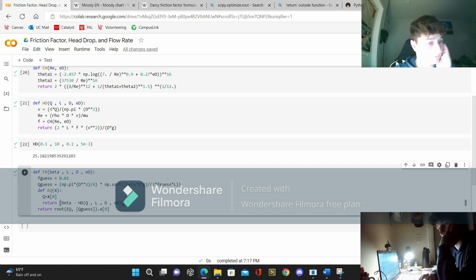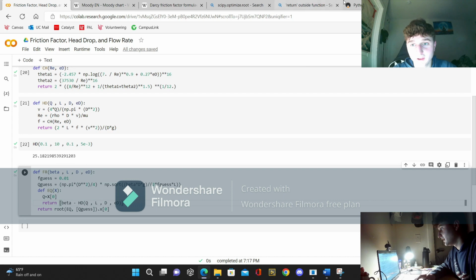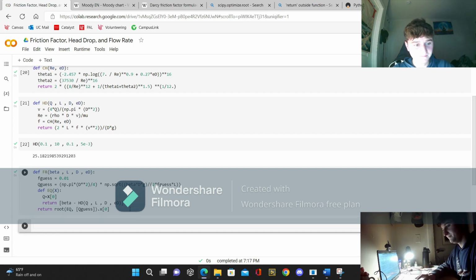I believe this return was in the wrong spot, and then this syntax was off, which just kept telling me that these two expressions were off. So after a little bit of troubleshooting, I believe we finally got it. It was just a couple minor fixes. I apologize for the cut.